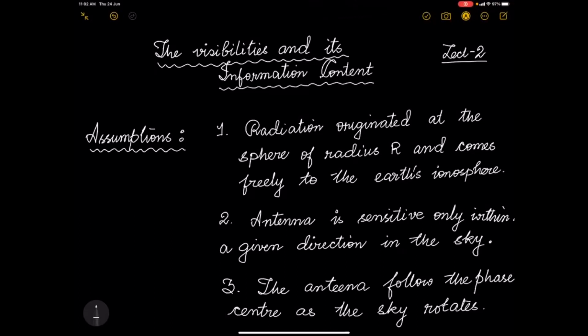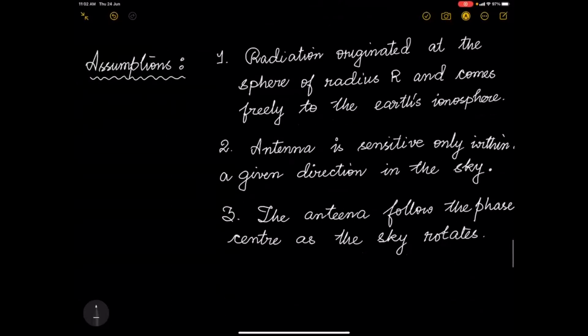For example, if you look at the North Pole, the North Polar Star is always there in the sky. Daytime, probably you cannot see it, but it's there. But anyway, once you decide that your phase center, as we discussed last time, is supposed to be in a certain direction in the sky, which usually you give by the right ascension and declination coordinate system, it stays there. So that's the other assumption.